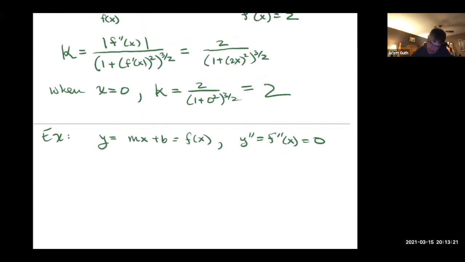So kappa would be absolute value of f double prime of x over, and of course the numerator is 0.